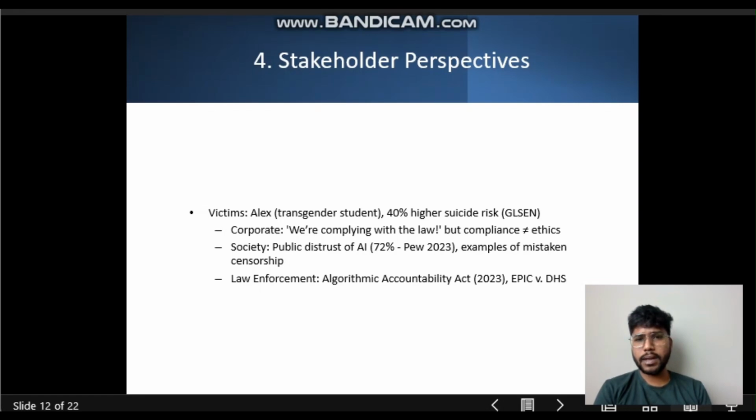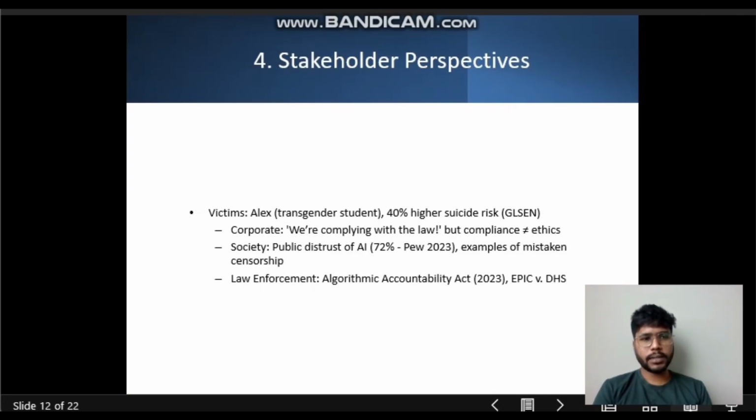And they could have invested in bias audits to identify and address systematic discrimination. Ultimately, Blocker Plus's failure wasn't just technical, I would say. It was ethical. By prioritizing compliance over responsibilities, they betrayed the trust of their users and the public as well.